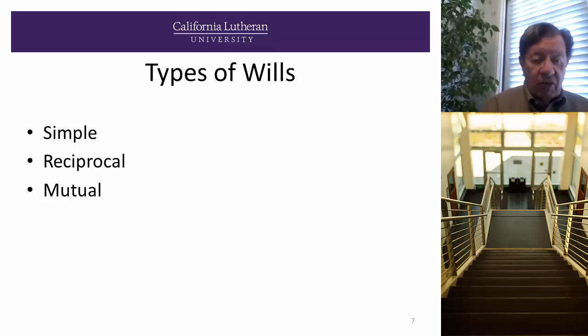And then we have mutual wills, and I had one instance of this where there were 3 brothers who were very successful. None of them were married and they were earning very good income. They had a younger sister who was quite a bit younger than them. She was probably 15 years younger than the youngest of the 3 brothers, who married extremely young, had 3 children real fast, and her husband disappeared.